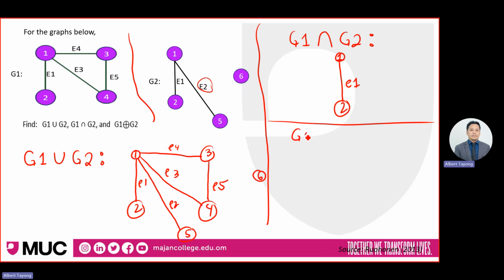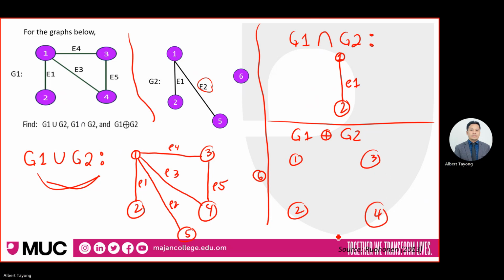The last one is G1 ring sum G2. This is actually the union of these two graphs without this edge. Okay, so we're going to copy the whole G1 union G2. So we have 1, 2, 3, 4, and we have 5 here and 6.